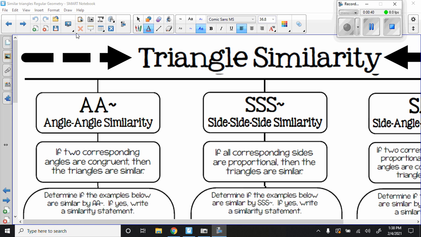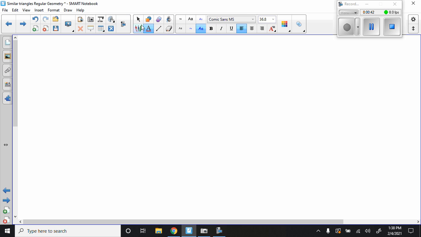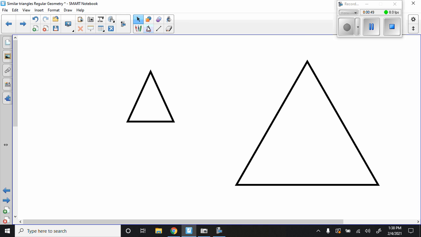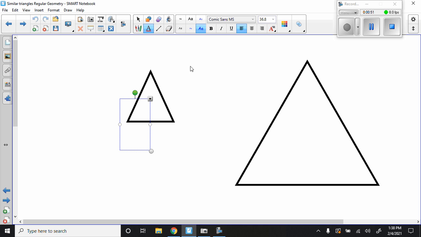A really quick example of this is easy to see with equilateral triangles. So if this corner is 60, and this corner is 60 here, and this corner would be 60 as well.